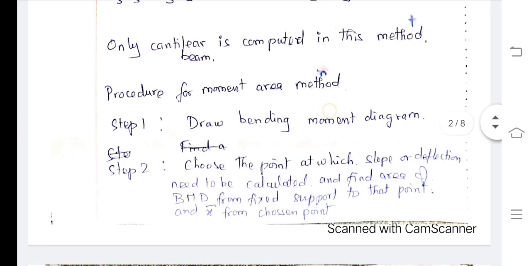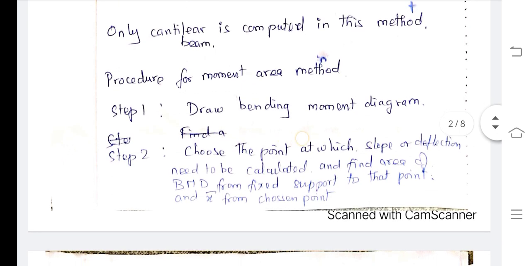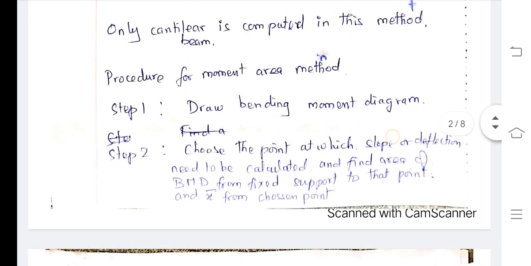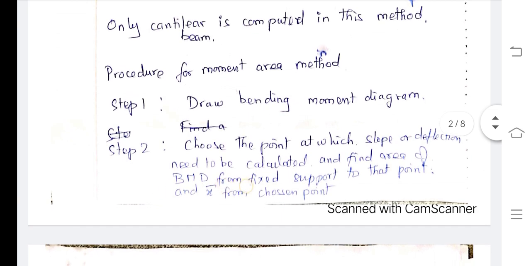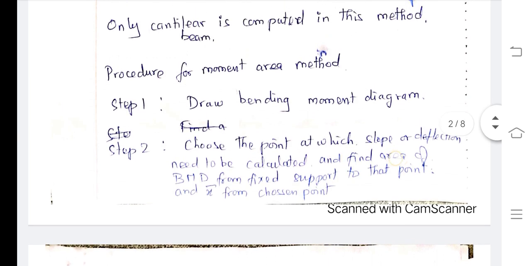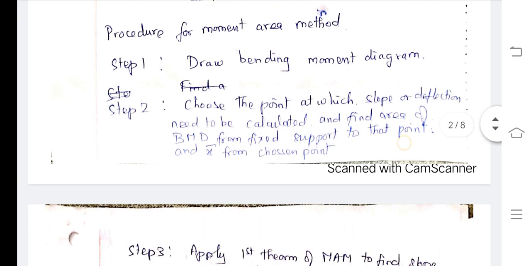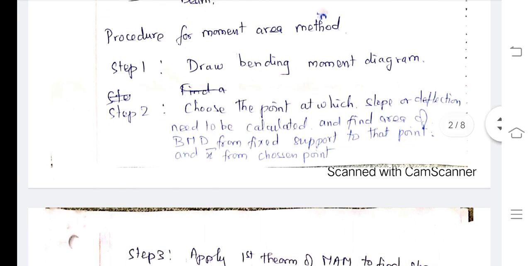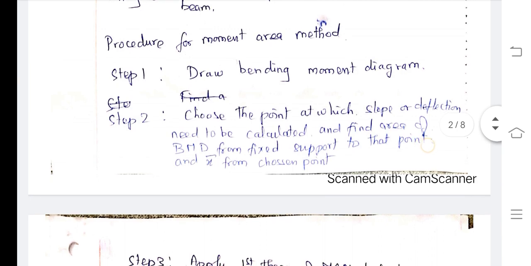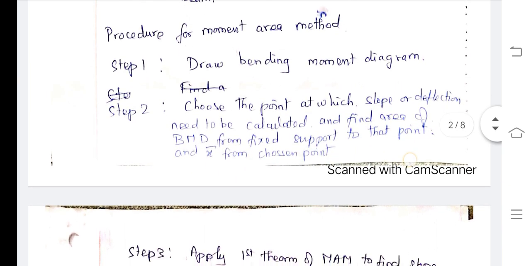So basic procedure. Let's see the procedure. Step 1, draw the bending moment diagram. For any beam, first you have to draw the bending moment diagram. Then choose the point at which the slope or deflection needs to be calculated, and find the area of the bending moment diagram between the points, from the fixed point to the point.